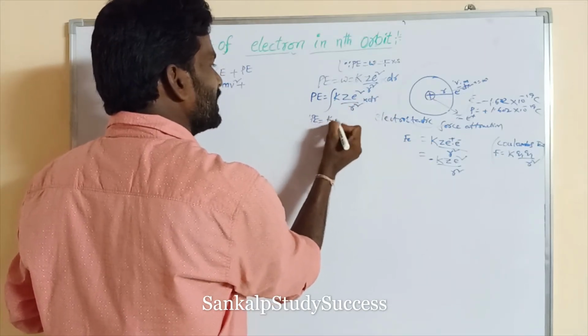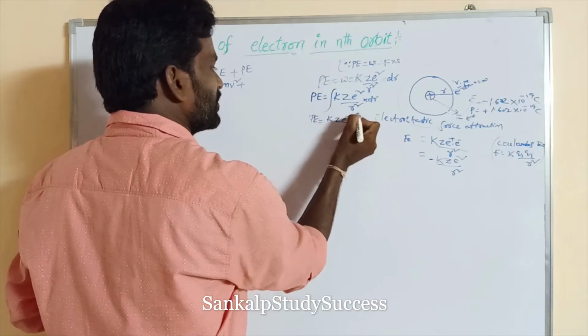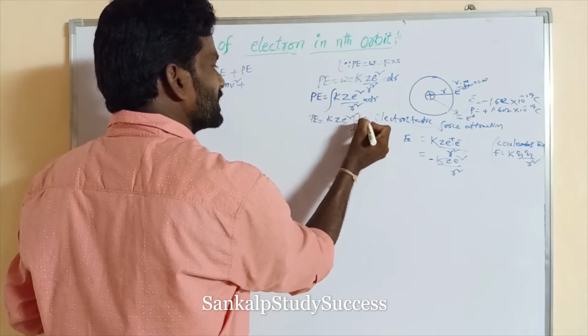Potential energy: K, Z, e square are constants, integration of 1 by r square dr.